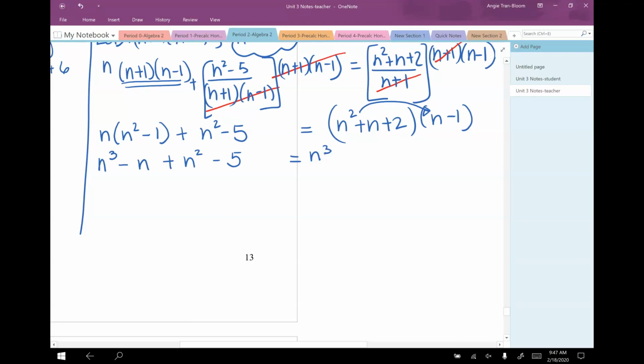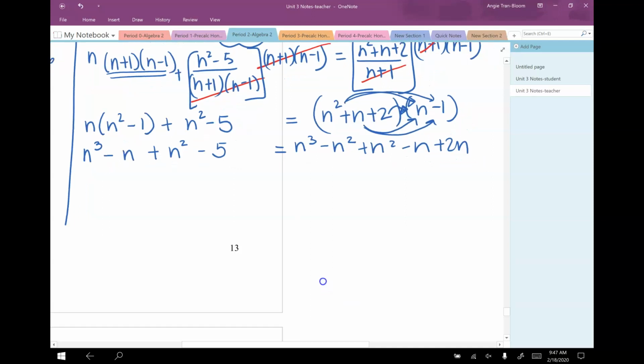N squared times -1 is what? Perfect. Then we have n times n is what, Ben? N squared. Perfect. N times -1 is what, Brandon? Perfect. Now we have the 2 left to distribute. Kenzie, 2 times n is? Good. Then 2 times -1, Kyler, is? Perfect.